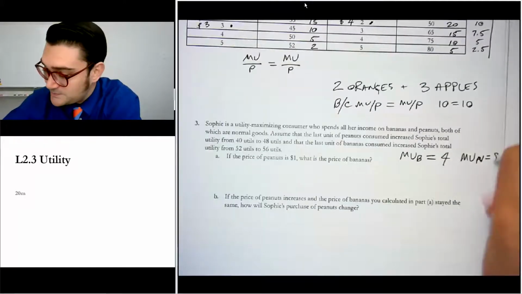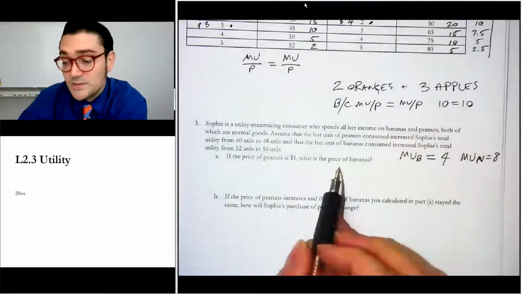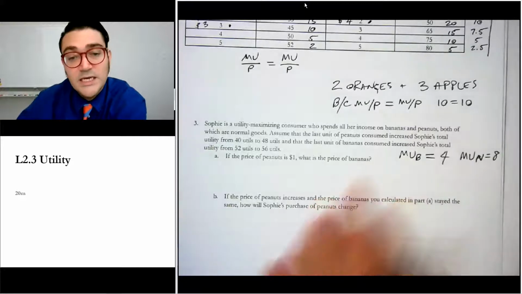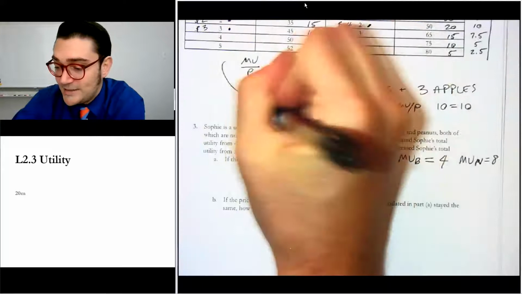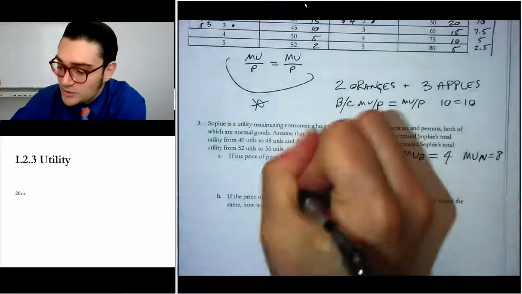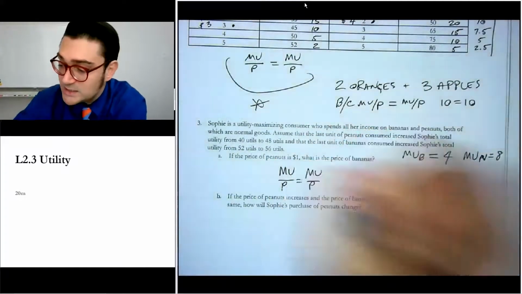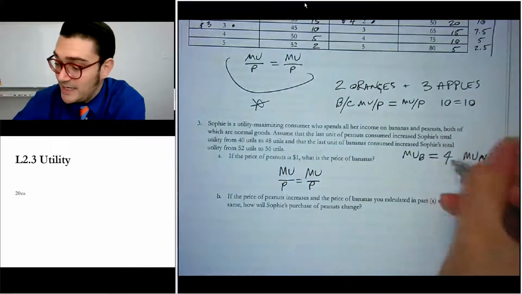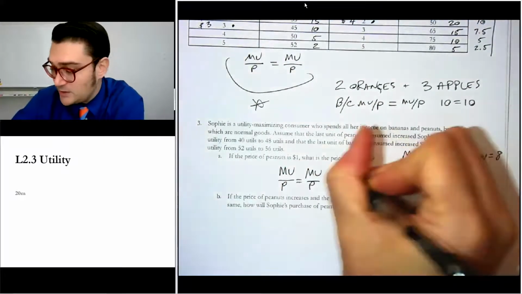Okay, and then it says if the price is $1 for peanuts, what's the price of bananas? And we know she's utility maximizing, so we know she's doing that, right? And so we would say the marginal utility over price is equal to the marginal utility over price. And so marginal utility of bananas is 4, and we're looking for the price there, but we don't know that.